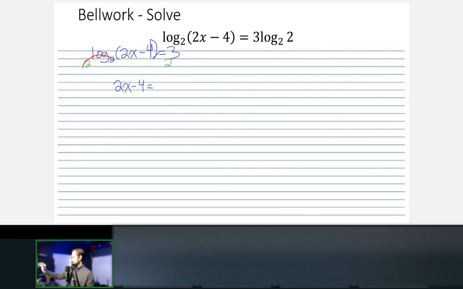And 2 cubed equals 8. And then from here, it's a super simple problem. Okay. Did anybody do it a different way? Because there's another way to do it.